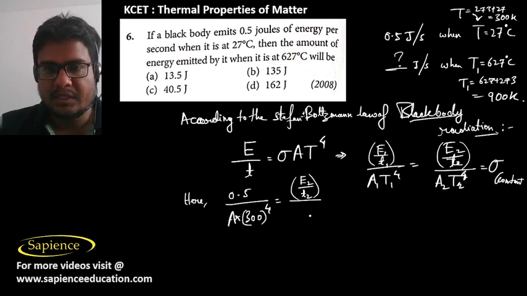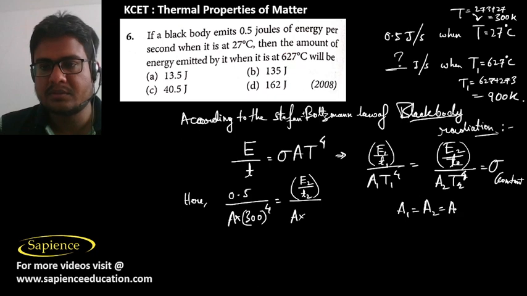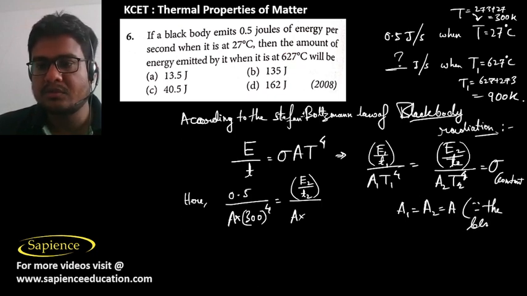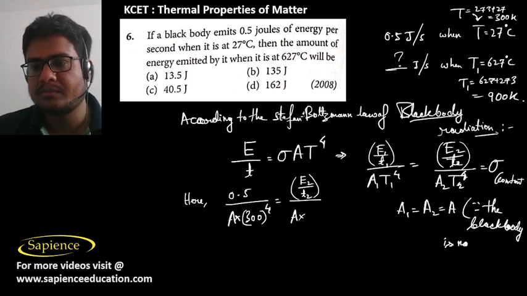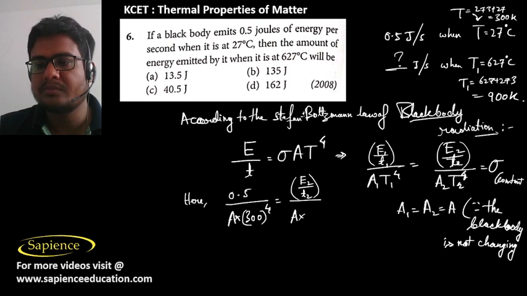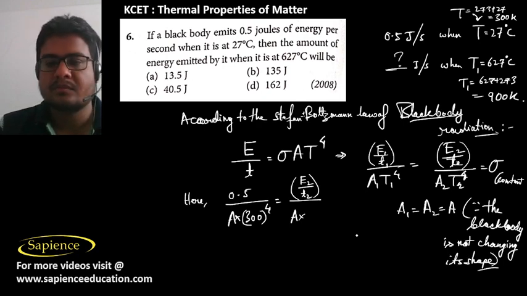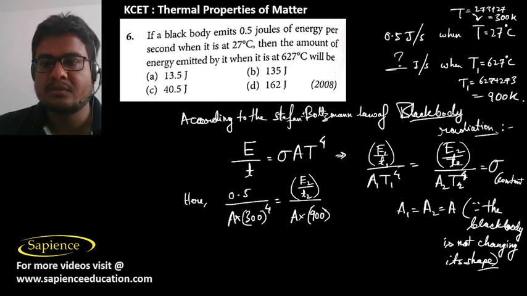So that is A, since A1 equals A2, since the black body is the same and is not changing in shape or size. So therefore this will be A into 900 whole power 4.